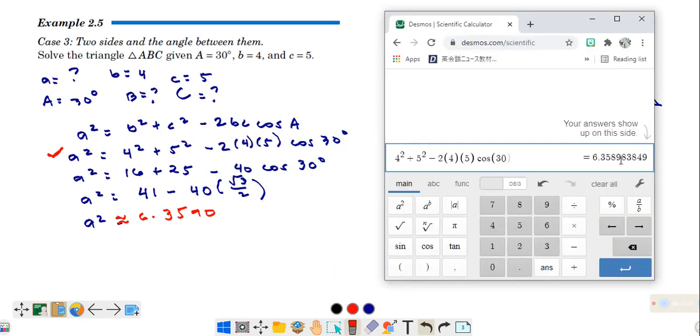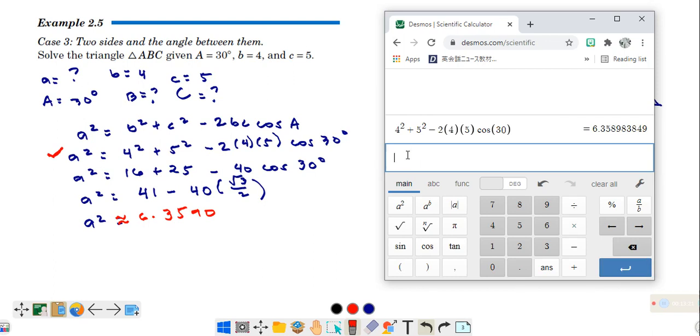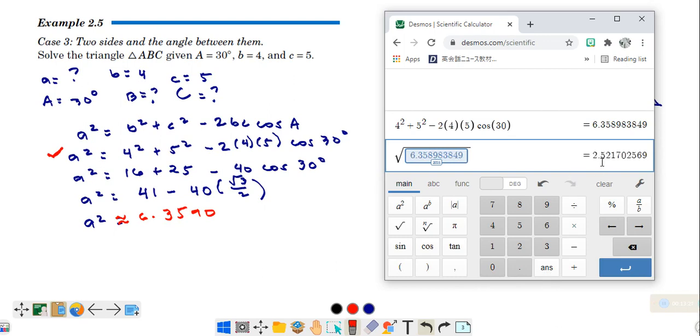May mga kasunod pa siya dyan, 89, 838, 849. And also, you can use this function. Mag-square root kayo and then use the function for answer. You will end up with 2.5217.